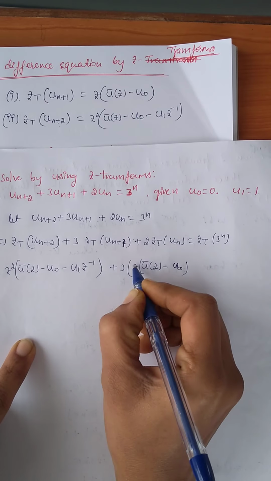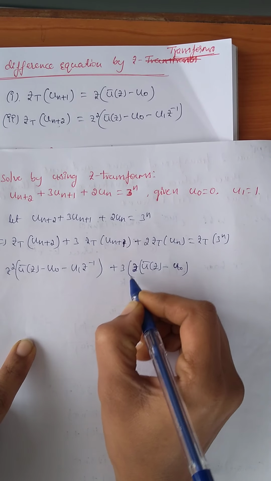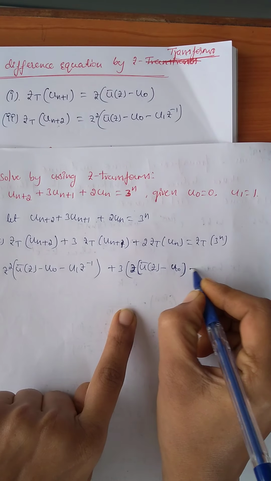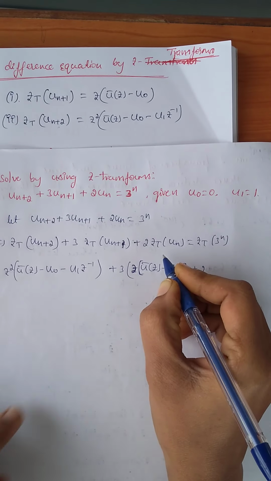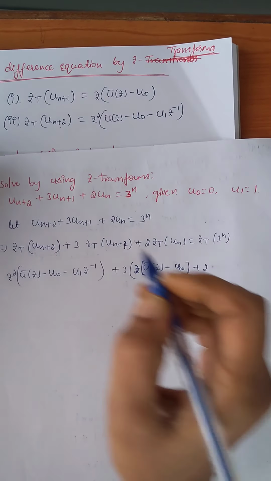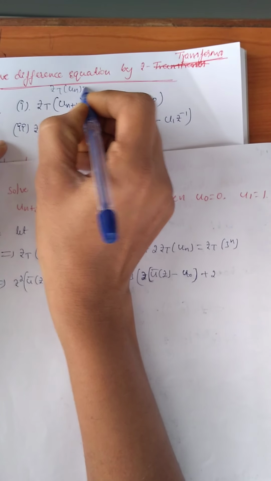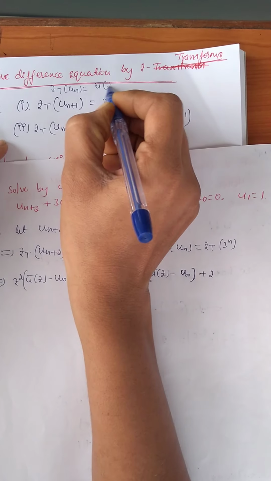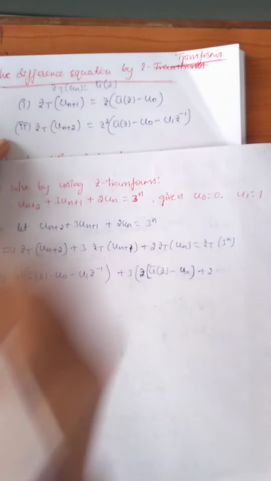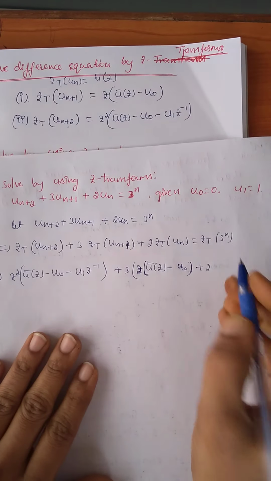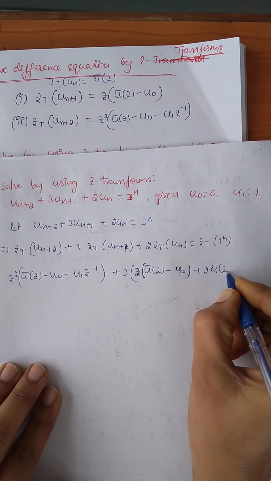Here this z is outside. Plus 2 is constant, Z transform of u(n). By the basic definition of Z transform, Z transform of u(n) is u bar of z.